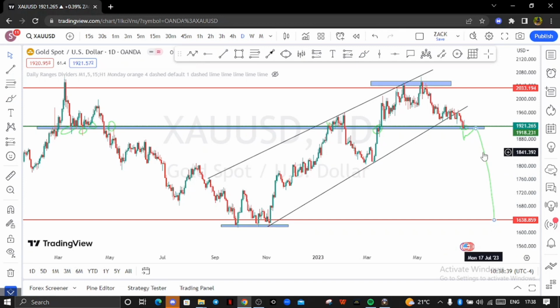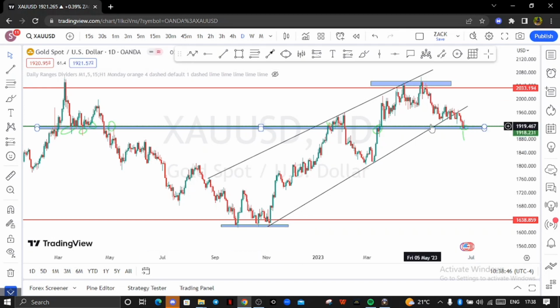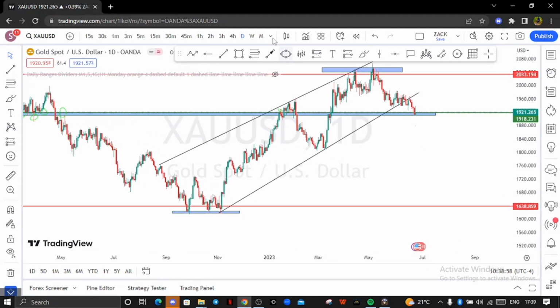So yeah guys, let me just undo this really quick. But I hope you've seen that for the next few days or weeks we might be experiencing sales, because overall we see, guys, this third touch breakout.